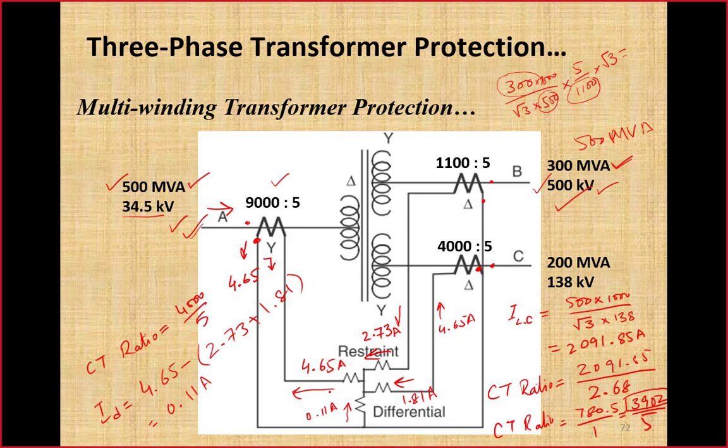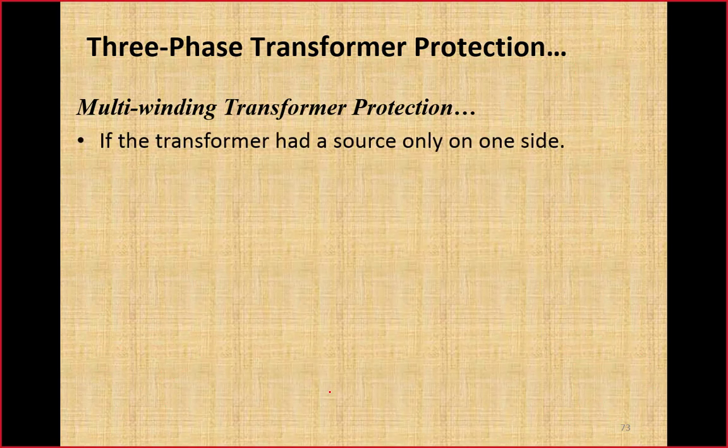So spill current has been calculated. Now here we discuss the differential relay that we had used for this three winding three phase transformer. If the transformer had a source only on one side, mean only one out of those three windings are connected to the source, remaining two are connected with the load.